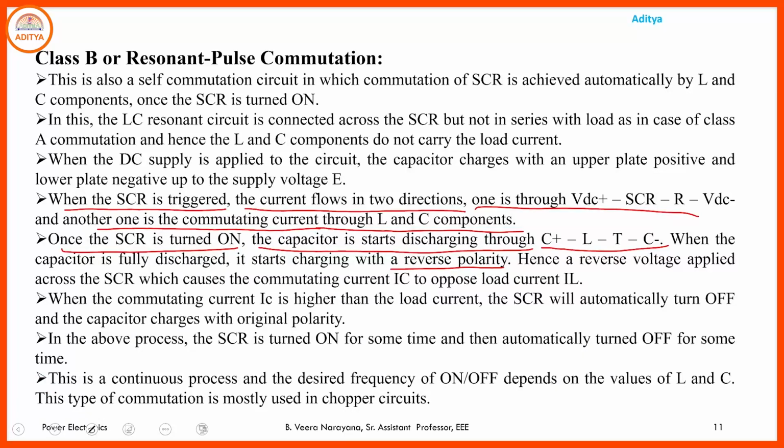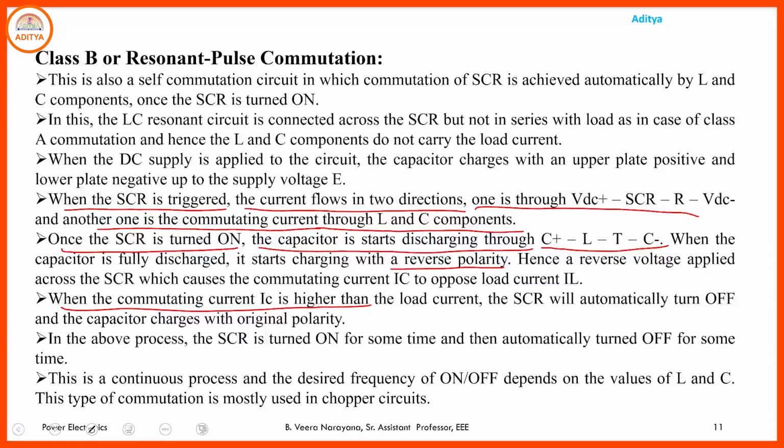Hence a reverse voltage is applied across the SCR, which causes the commutating current IC to oppose the load current. When this commutating current IC is higher than the load current, the SCR automatically goes to the off state.